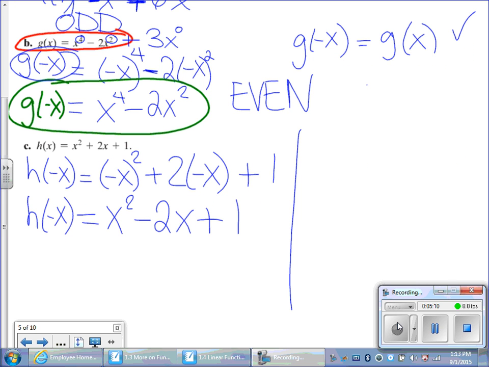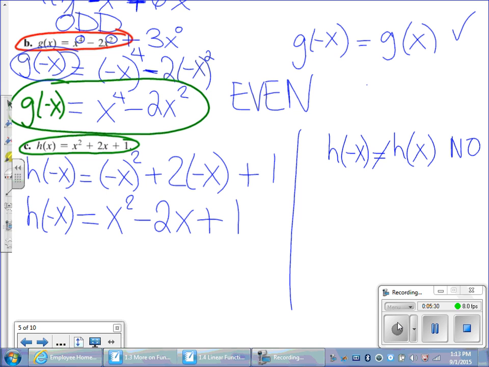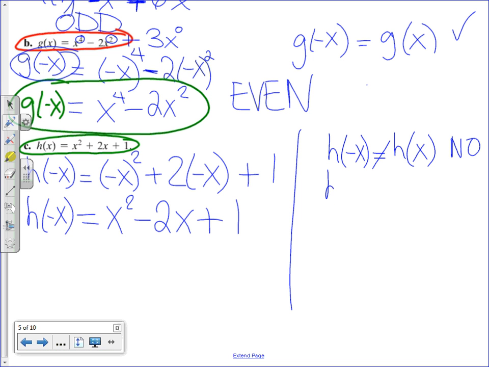Okay, so we have the answer for part C, and so we're going to check the following. Is h of negative x the same as h of x? No, right? It's not exactly the same as the original function, the original being here. Now we check the second statement to see if the function is odd.